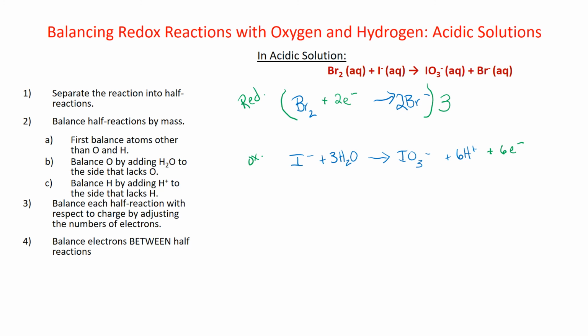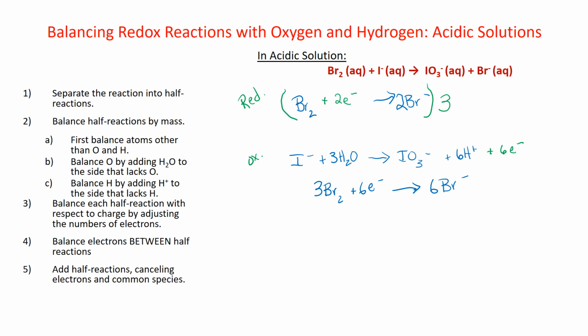And I'm going to rewrite that particular half reaction down below, factoring in that 3. So I've got 3 Br2 plus 6 electrons becomes 6 bromide ions. All right.